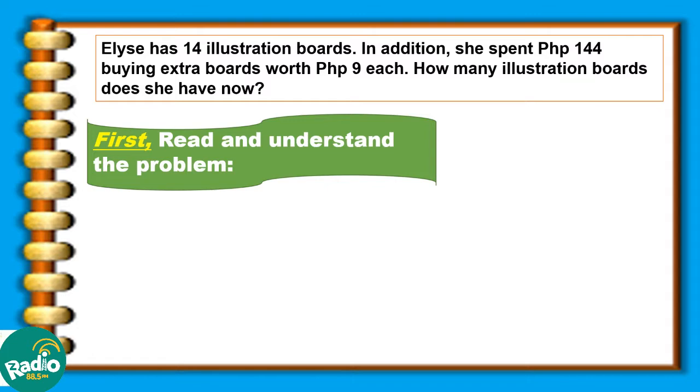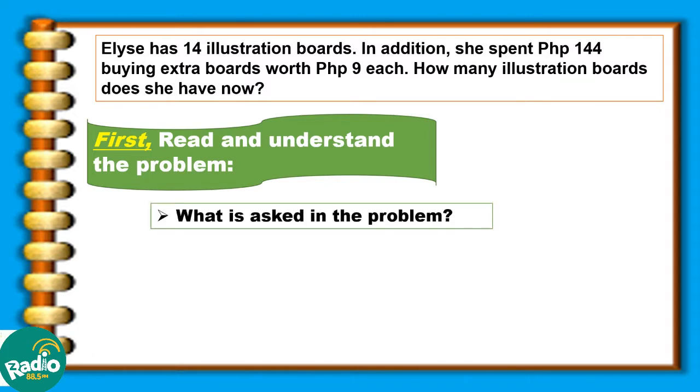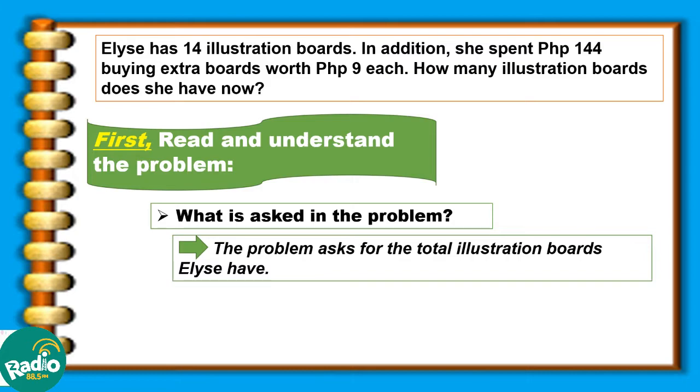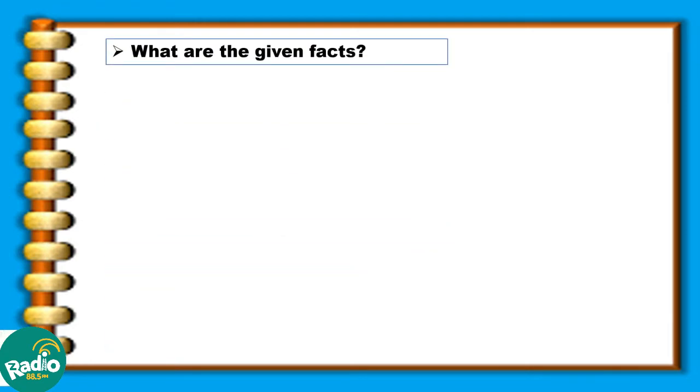First, read and understand the problem. Now let us find what is asked in the problem. All right. The problem asks for the total illustration boards Elise has. Then, what are the given facts?